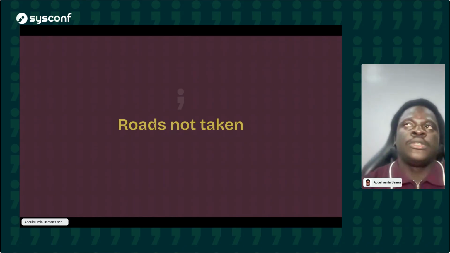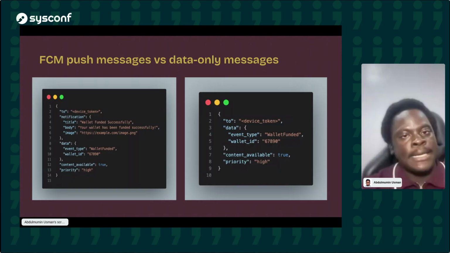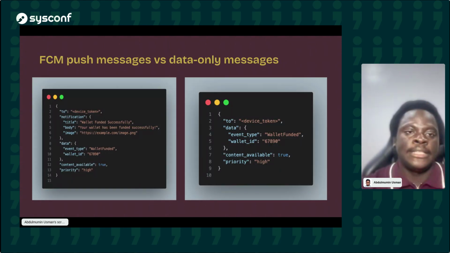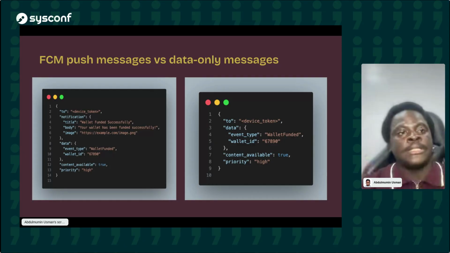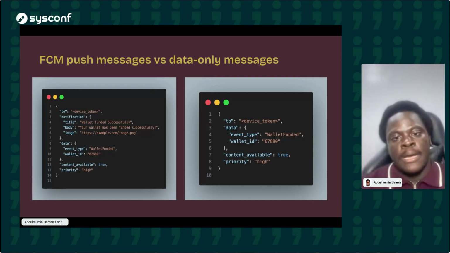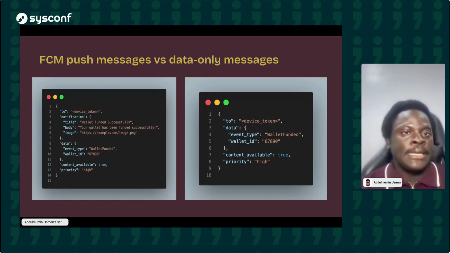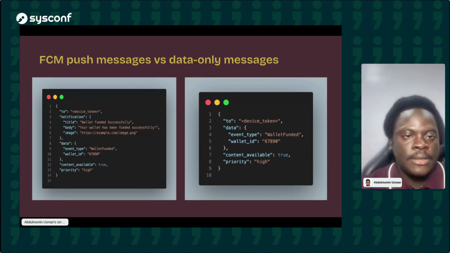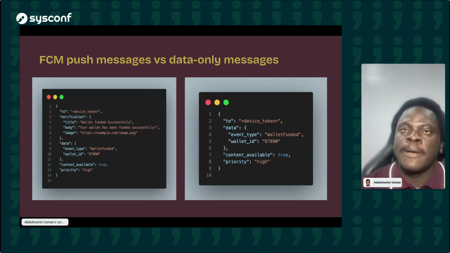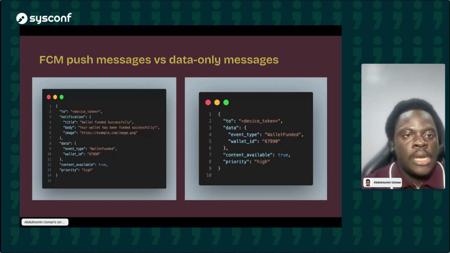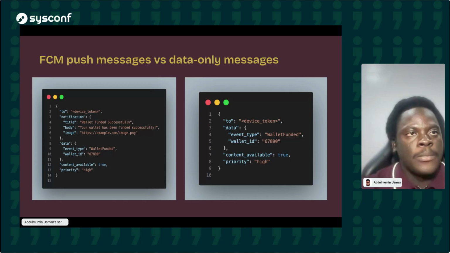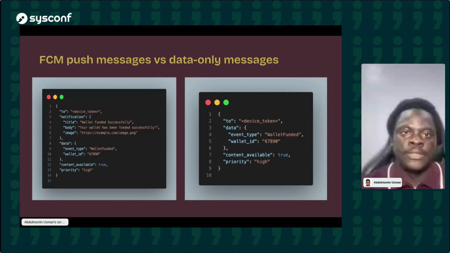Roads not taken. This is essentially what completes the loop of telling the client when to refetch. So you have this system where something happens, a wallet is funded, and the user doesn't even need to do anything.